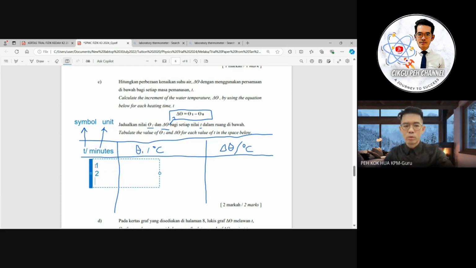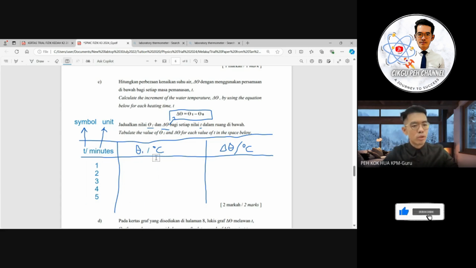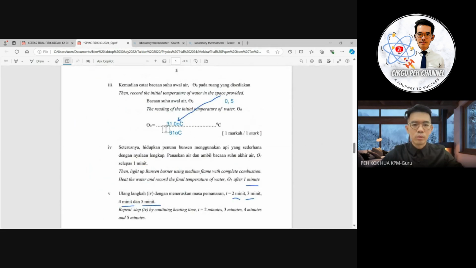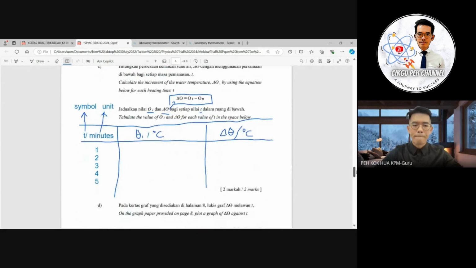You have 1, 2, 3, 4, and 5 because the question already gives you this. Here you should get the temperature increase. For example, room temperature is normally high, say 28. After 1 minute, for example 31 degrees Celsius.